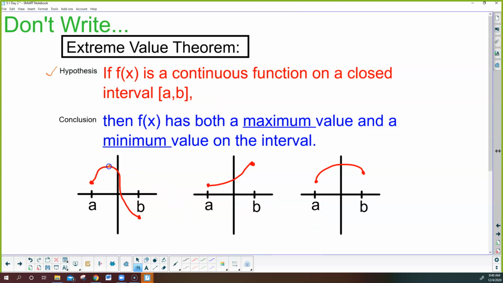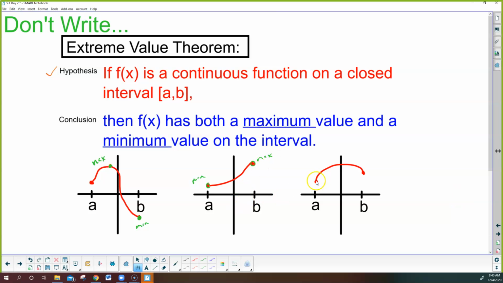And if you look at it, right here is the absolute max, right? And then right here, because of the filled in circle, that is the absolute min. And notice, it does have a max and a min because it's continuous on a closed interval. Well, right here, the endpoint is the minimum, and the endpoint over here is a maximum.